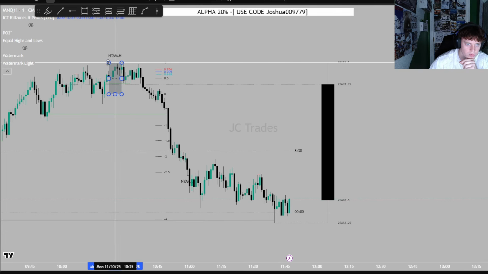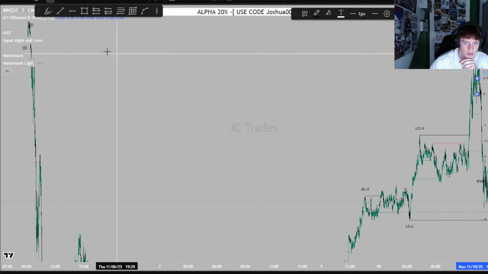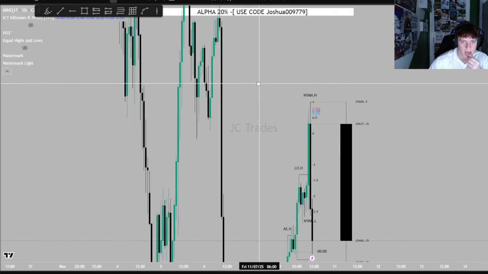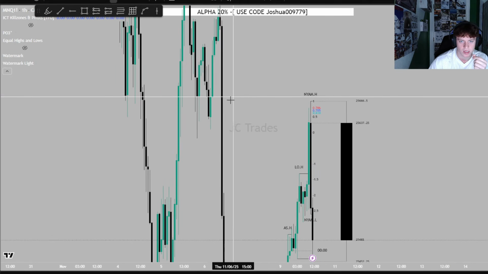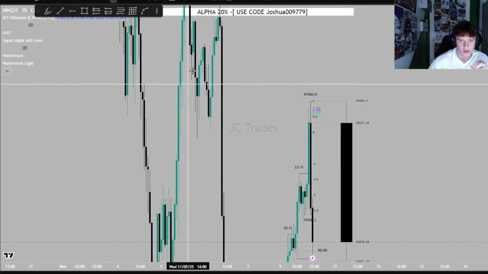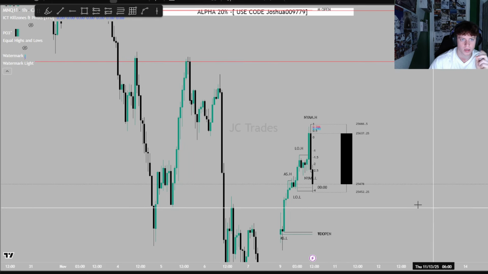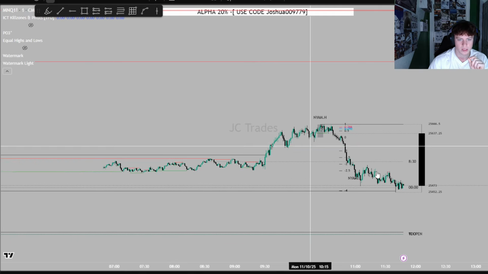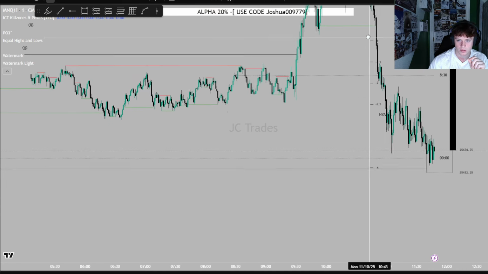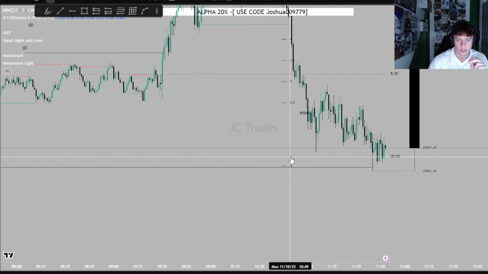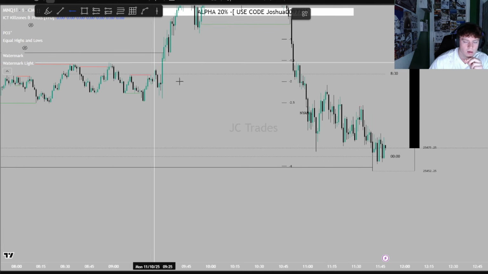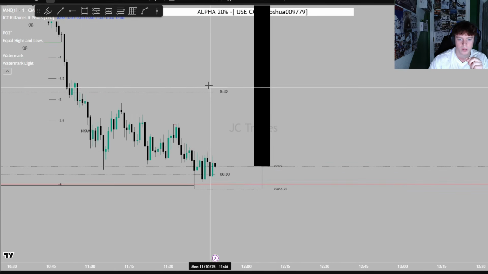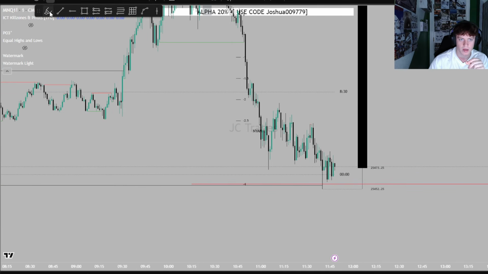The last move that manipulated us up into this 1 hour gap. We actually hit this order block area where there's obviously a lot of orders built up, and we reacted off of it, so we can measure that out and see where -4 brings us to. Wow, it lines up pretty good with midnight open. So we're going to draw a line there, boom, and we perfectly bottom ticked right there.